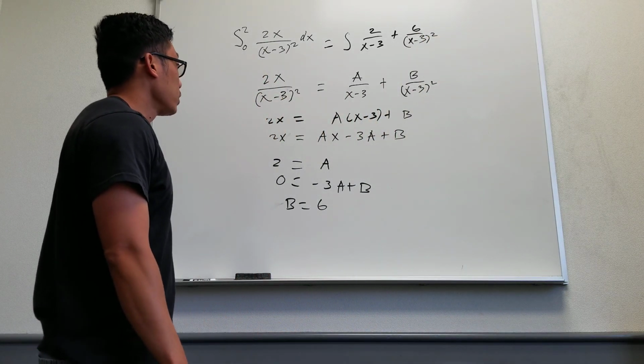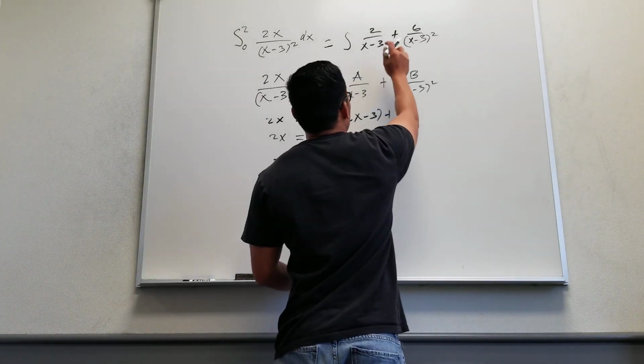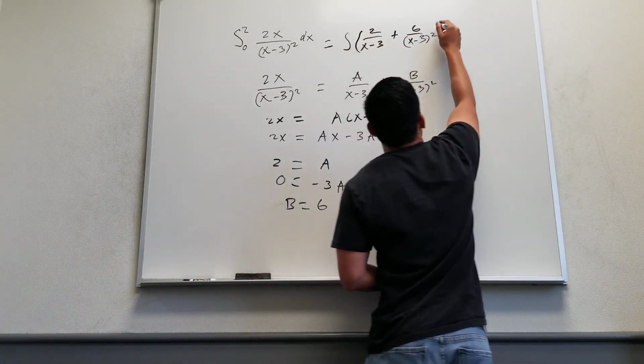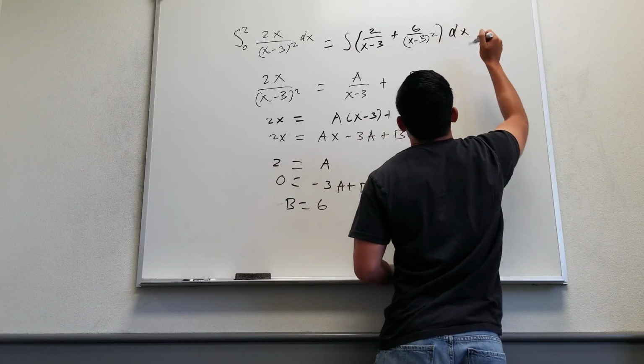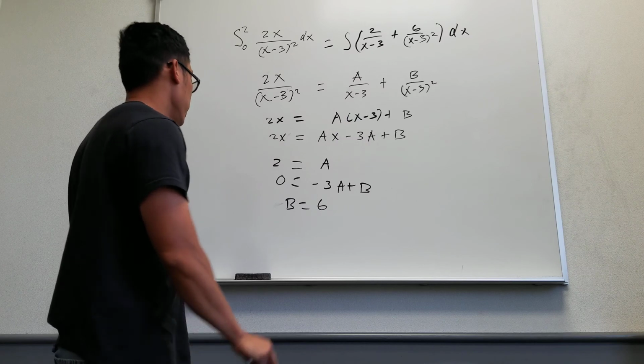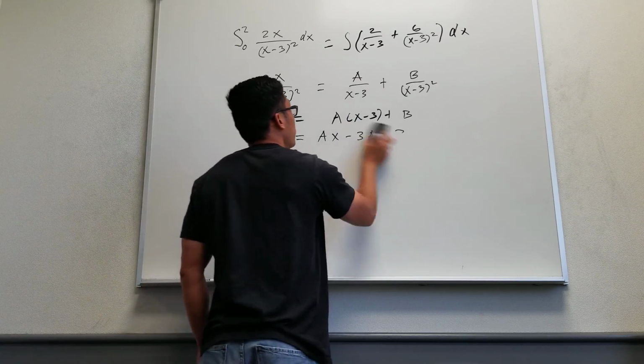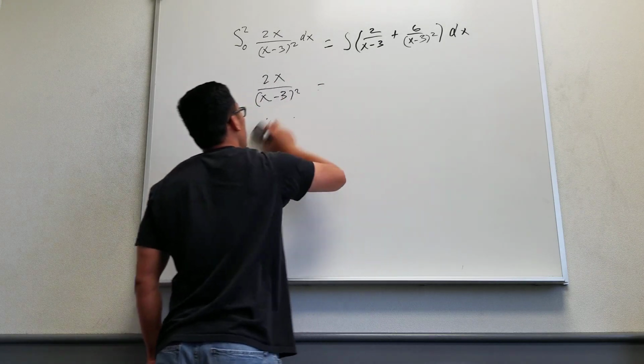Okay, so now I basically take the integral of this whole thing. You have dx right here. Now I'm going to erase this because I'm running out of room. Now we just take the integral of that.